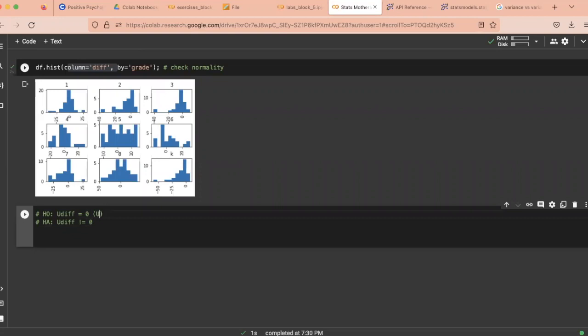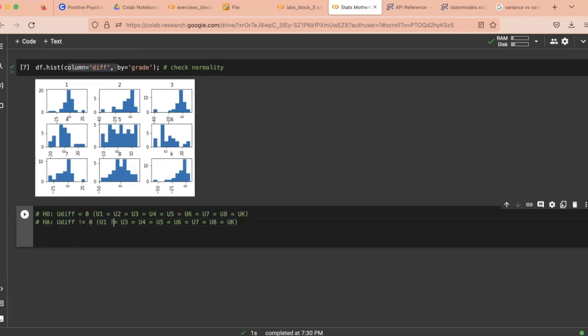So mu of grade 1 is equal to mu of grade 2, is equal to mu of grade 3, which is equal to mu of grade 4, is equal to mu of grade 5, 6, 7, mu of 8, and then mu of K, because we omitted 9, and I'm just going to copy this.